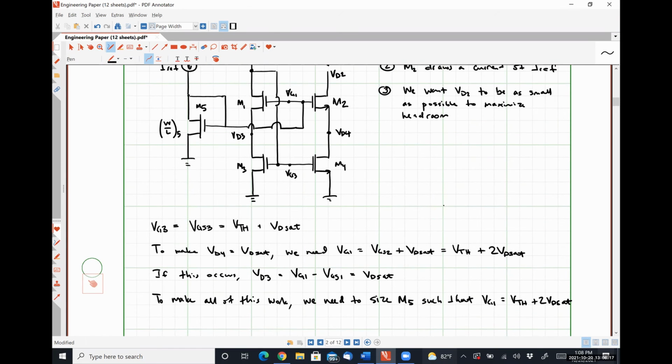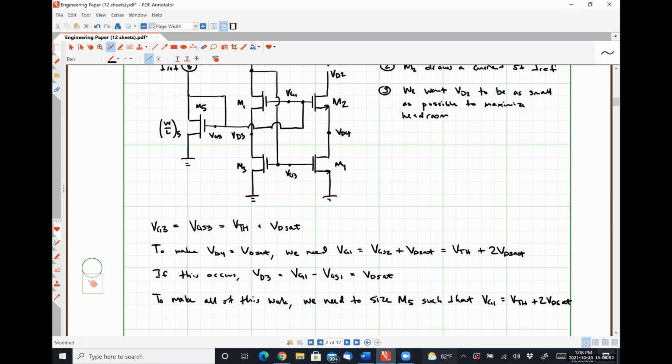This transistor M5 is going to have exactly I reference flowing through it. And that simple feedback loop then is going to force a particular voltage VGS5 or VG5 to appear at the gate terminal of transistor M5.